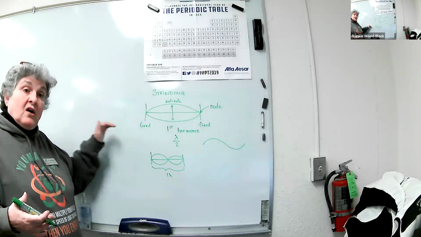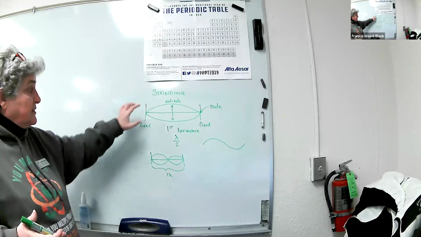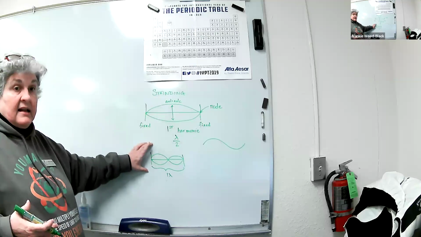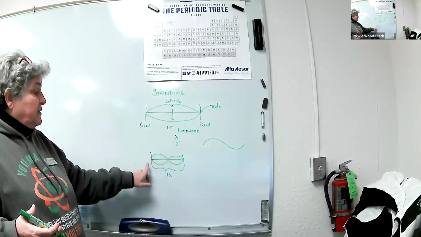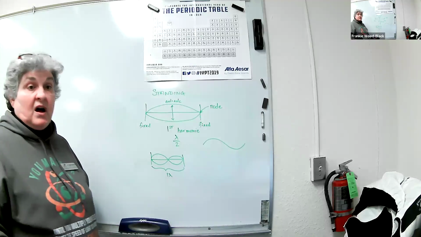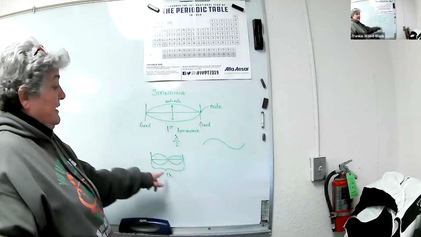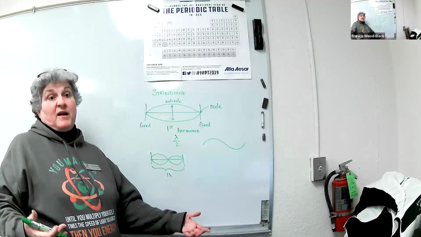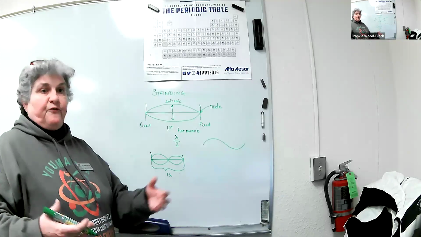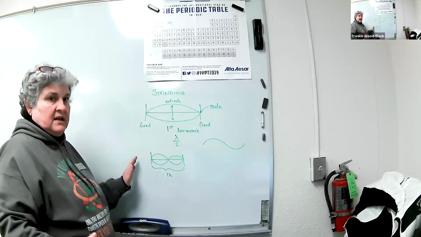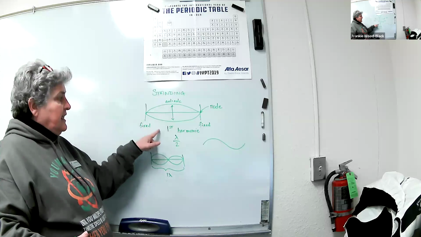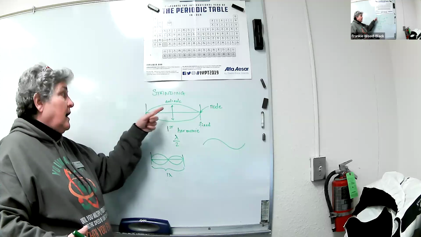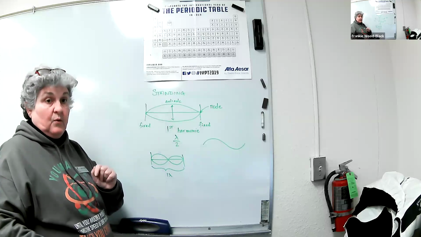So when we start our standing waves, we're going to be able to set up our nodes and our antinodes, and then you can do all kinds of fun things, right? I could get 3 of these in there, so that's a wavelength and a half. Or I can get 4 in there, which is going to be 2 wavelengths. And anytime that I get that fixed point, I'm going to be able to set up a standing wave.